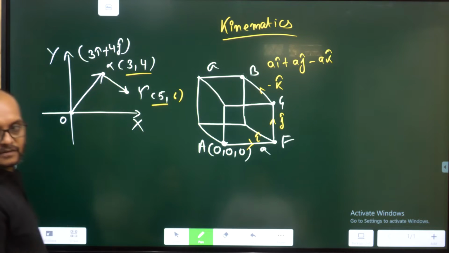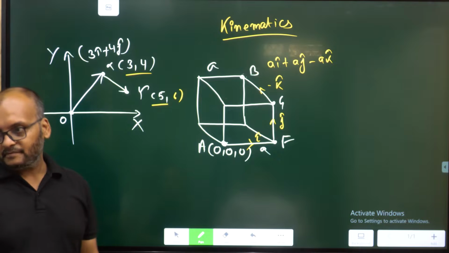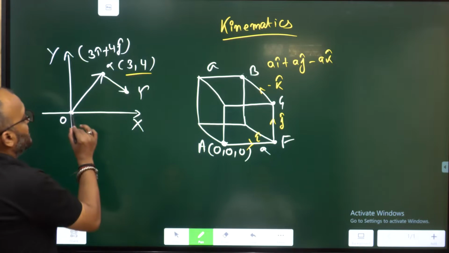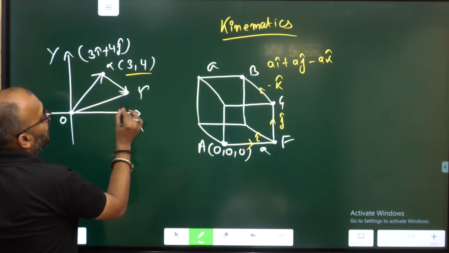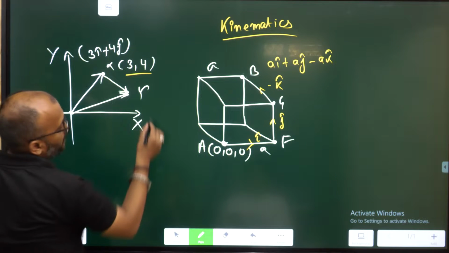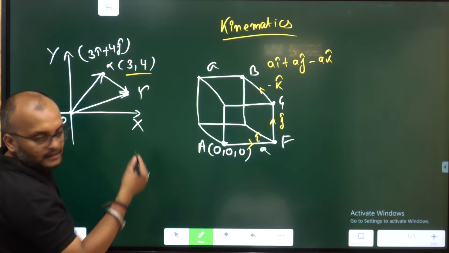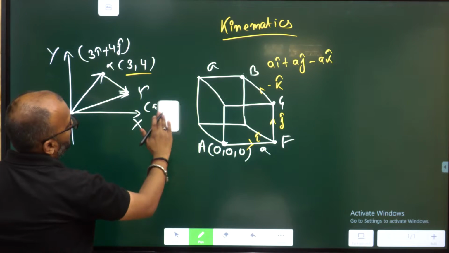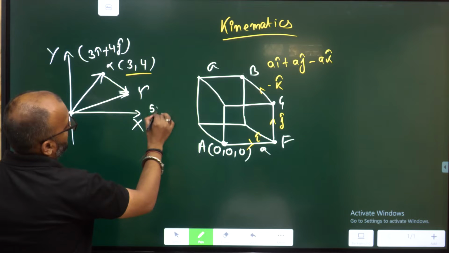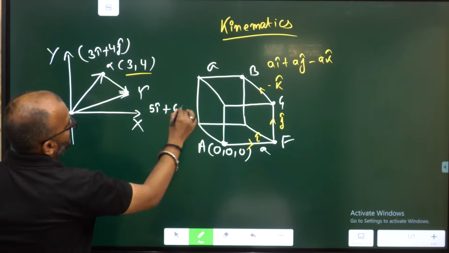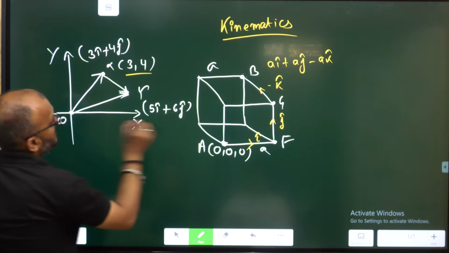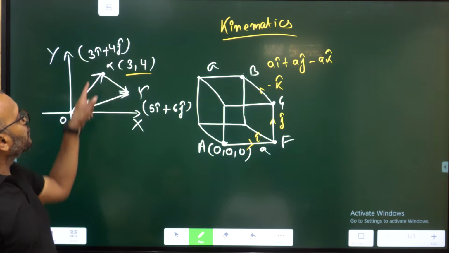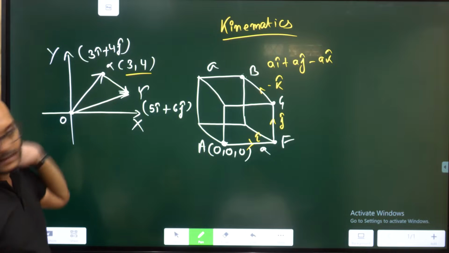Can I say this or not? Similarly, I can say that this is O gamma vector whose value is 5i cap plus 6j cap. Right? So 2 vectors. Now you are going from here to here.